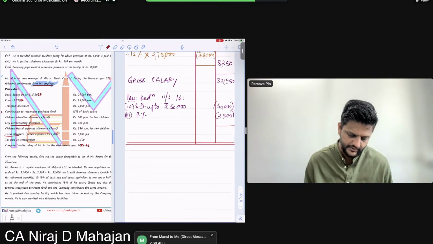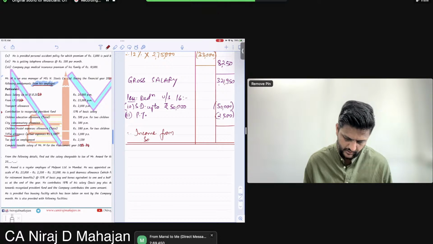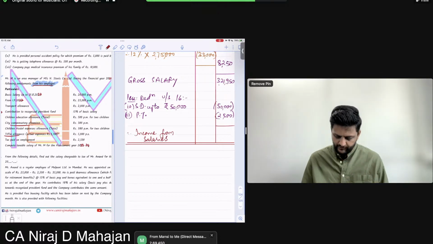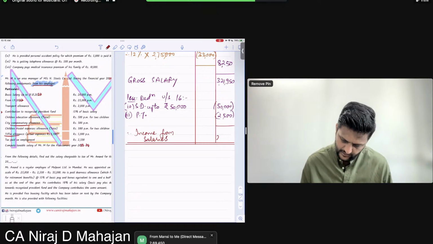Therefore, income from salaries. Two 69,450. Fantastic. Good.